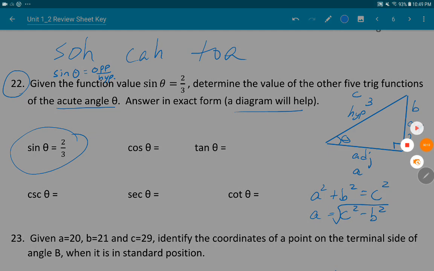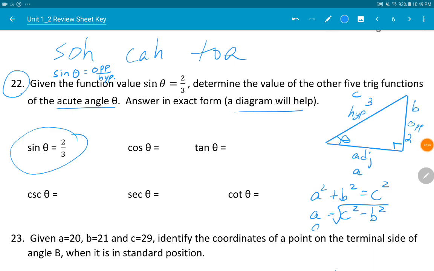So that's the distance. So we have square root of C is 3. B is 2. That leaves me with the square root of 9 minus 4. So, wait, that's not correct though.